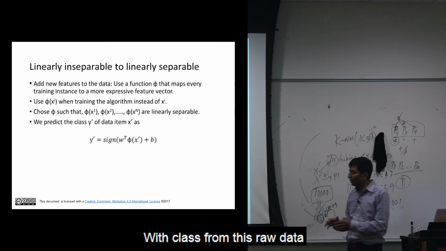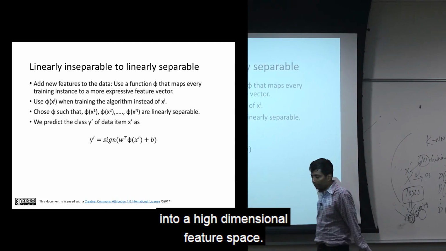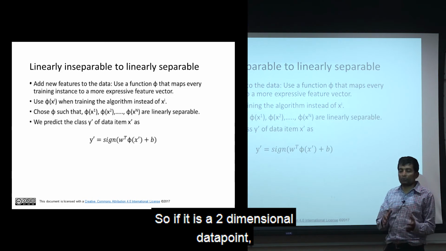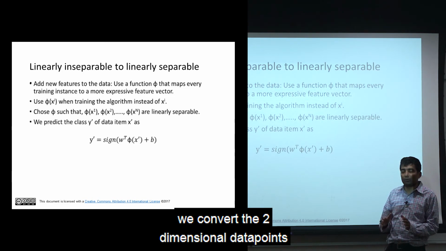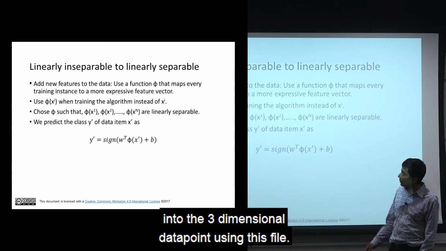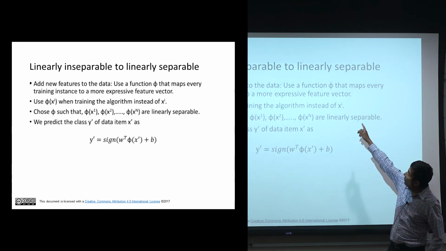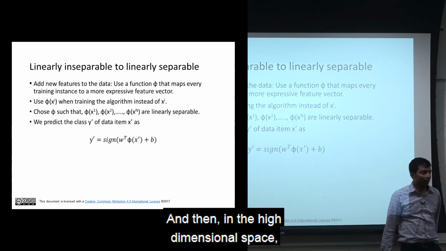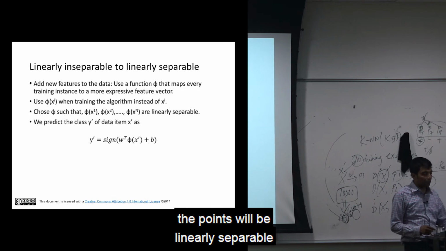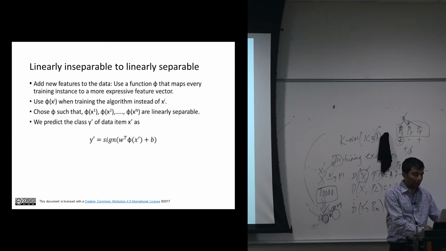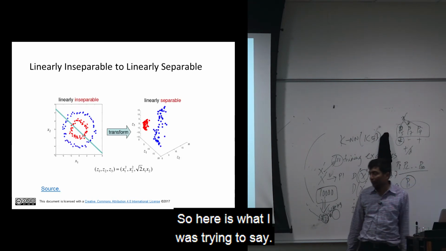We transform this raw data into a higher dimensional feature space. If it is two-dimensional data points, we convert them into three-dimensional data points using this phi. Then in the higher dimensional space, the points will be linearly separable, and we can build the model. So here is what I'm trying to say.